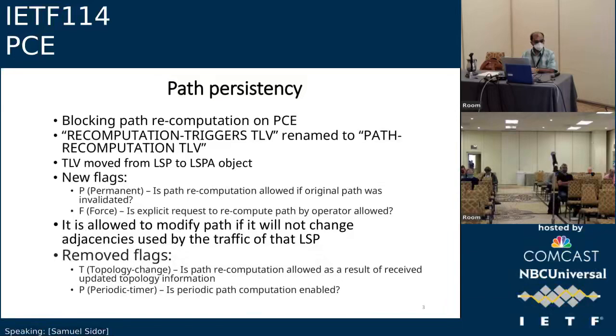The second flag is for controlling if an explicit request from the operator for updating the path is allowed. Here we are talking about a request coming from the PCE side, for example, some CLI executed on the PCE side, any normal interface request received on the PCE side or anything like that.